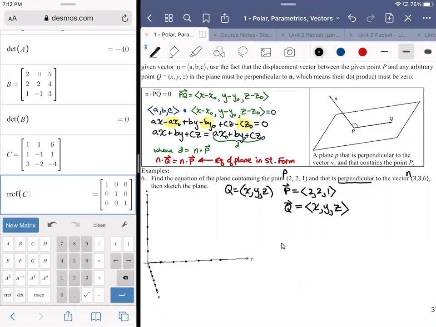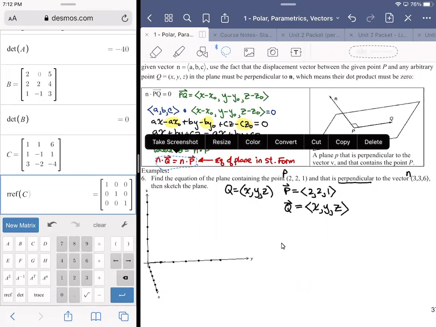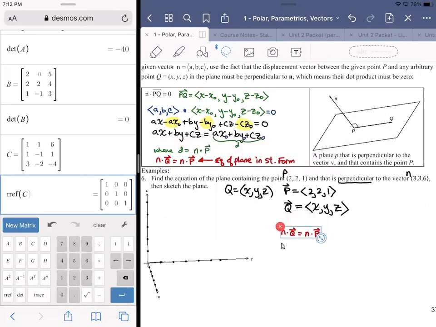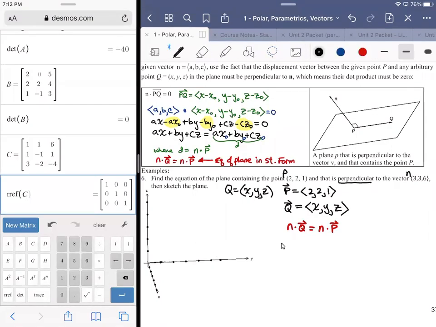Right? So then if I want to apply my handy dandy shortcut rule, which allows you to pretty much do this concept in your head, n against each of the corresponding components of q. I said n against x, I meant n against q. We'd be looking at 3x plus 3y plus 6z.